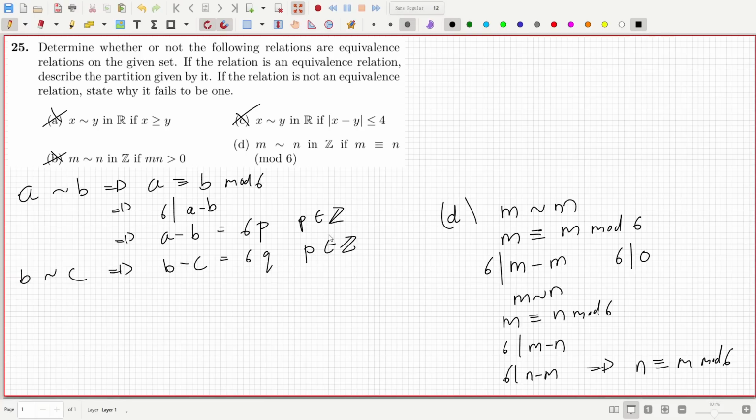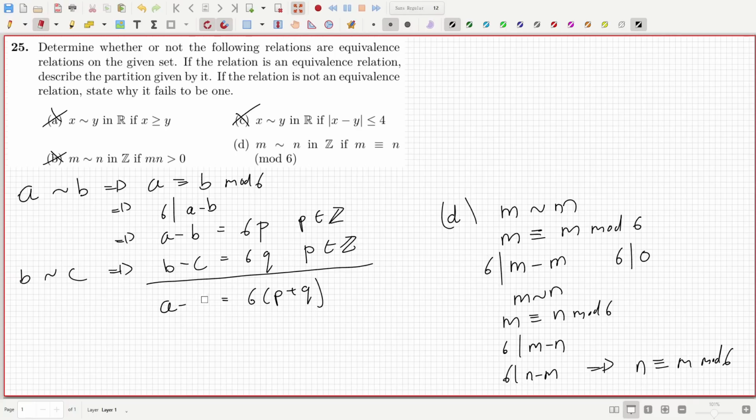So does that lead to a and c? If I add these results together, I get a minus c equals 6 times (p plus q).